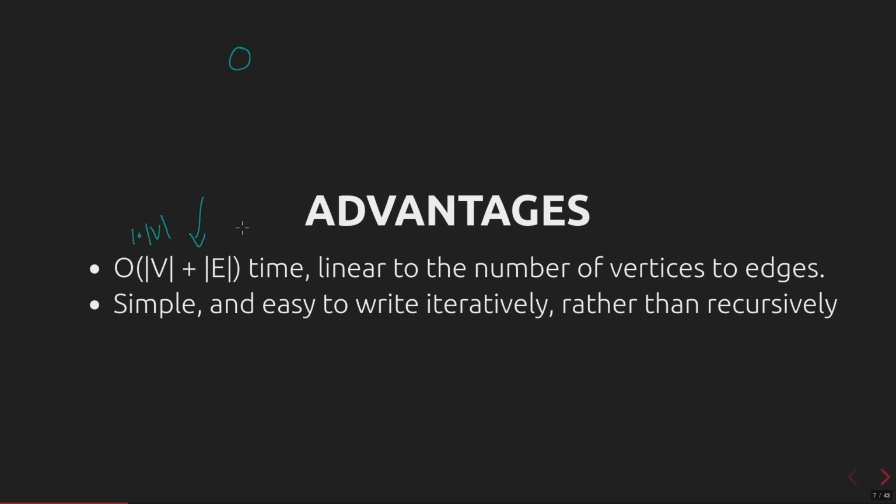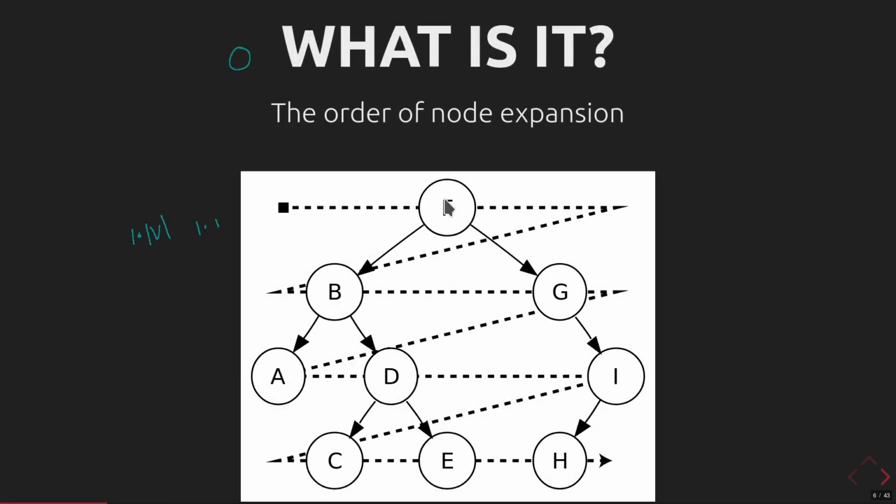Assuming it's all connected, right? And for the amount of edges, really for that tree, it's looked at only one time, because for each node that you're at, you look at that edge only once. When you're at G, you don't go back to look at F since it's a tree.